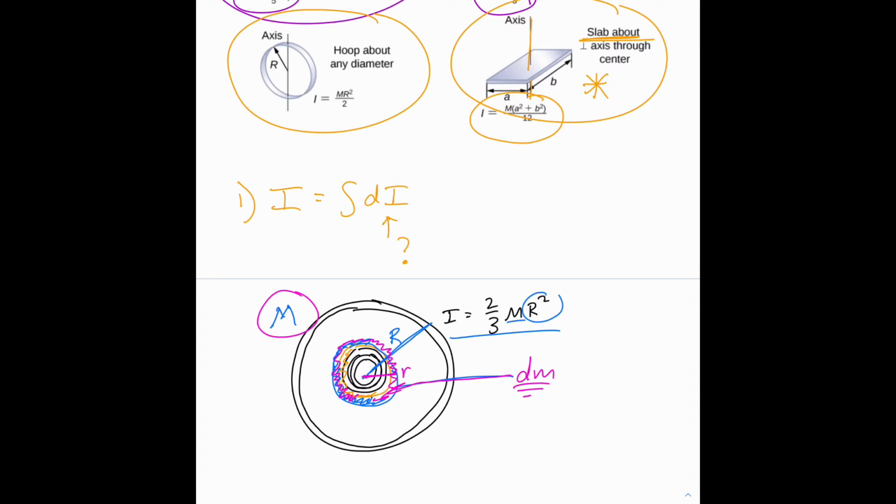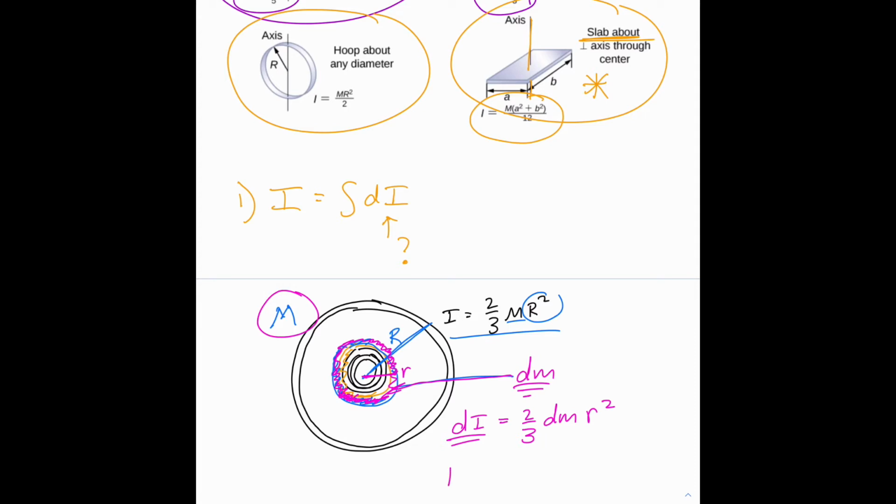And so I think we should say that the little bit of rotational inertia that the spherical shell contributes to the overall rotational inertia of the whole solid sphere would be 2/3 times its little bit of mass times its particular radius squared.